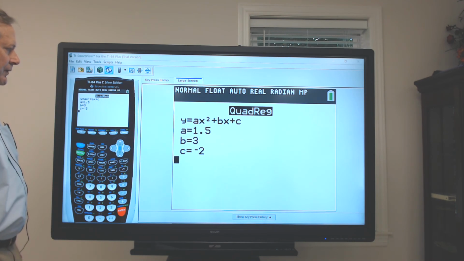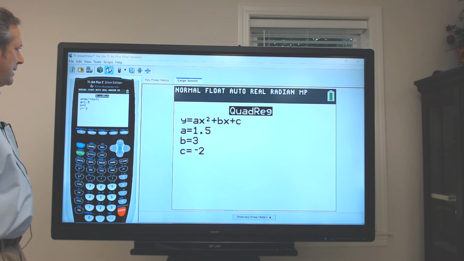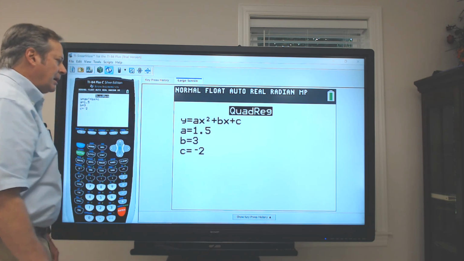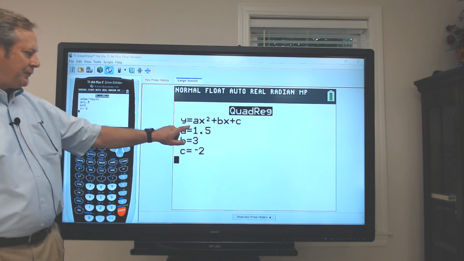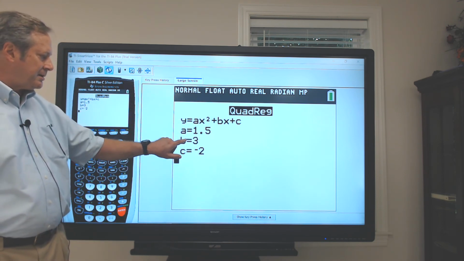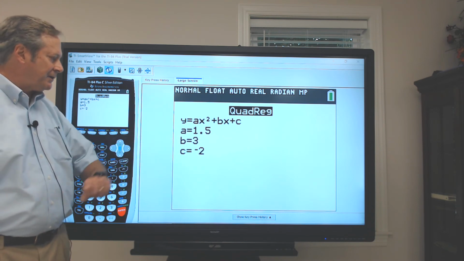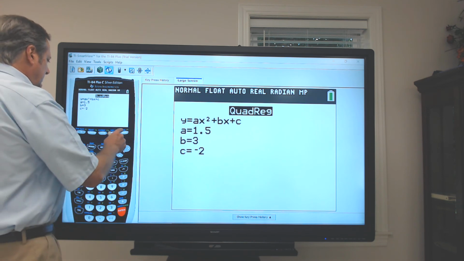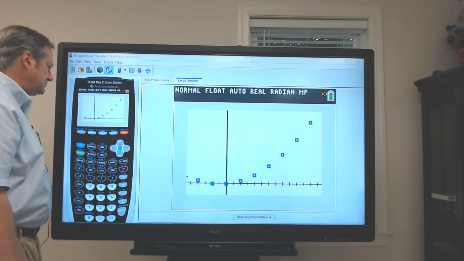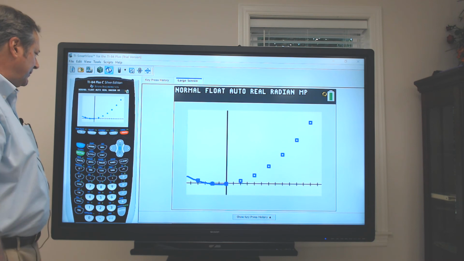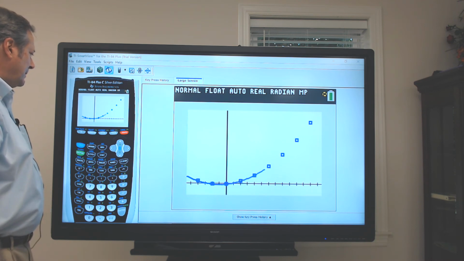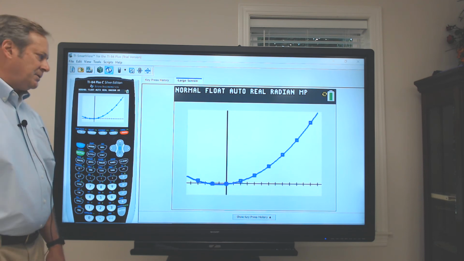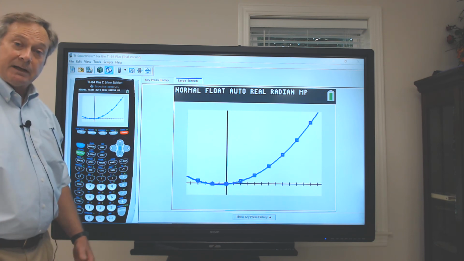All right, so this equation, I don't think I can write on this one. Pretty sure I cannot. Yeah, I cannot. All right, so you would write it out as y is equal to 1.5 x squared plus 3x minus 2. Now, let's take a look at the graph. We've got our nice line of best fit. But the standard screen only goes to the right 10 units. I asked to predict when x is 17.